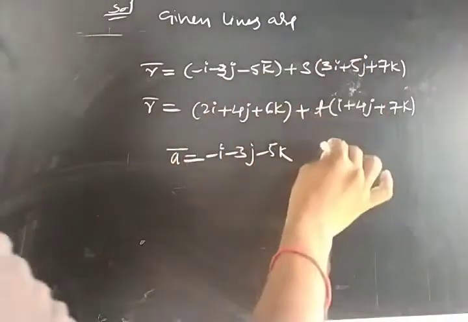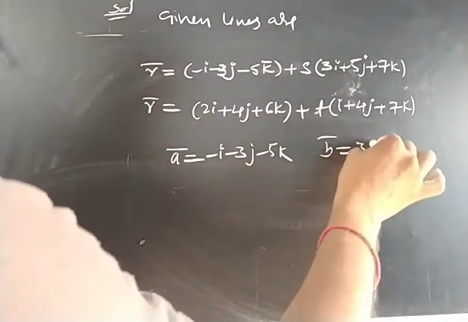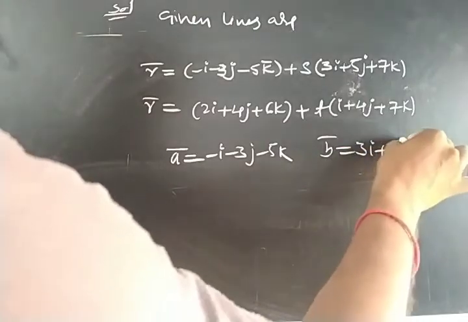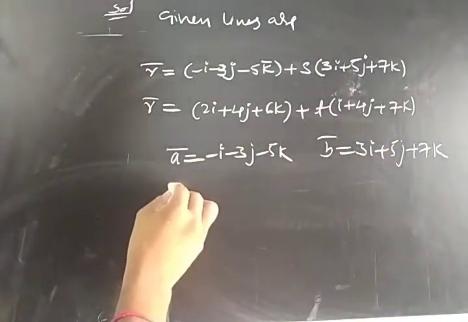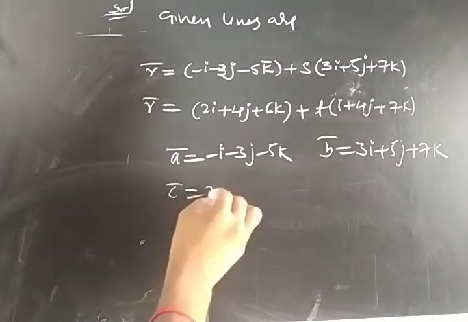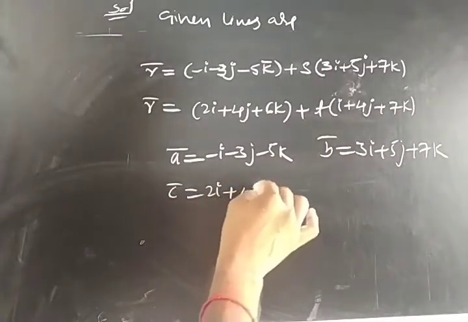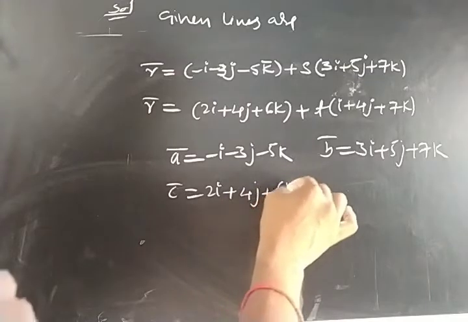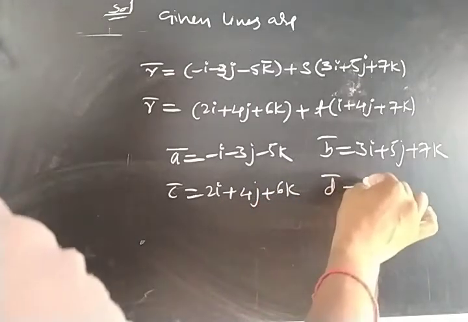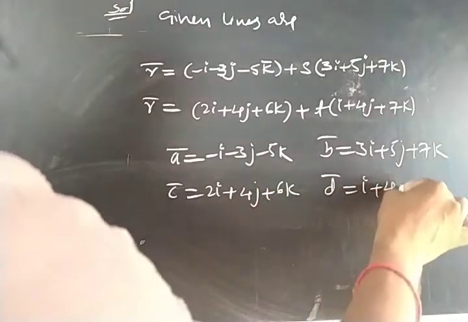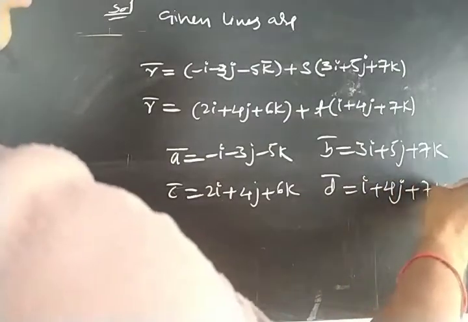So the b bar vector is 3i plus 5j plus 7k. From the second line, c bar is 2i plus 4j plus 6k, and d bar is i plus 4j plus 7k.